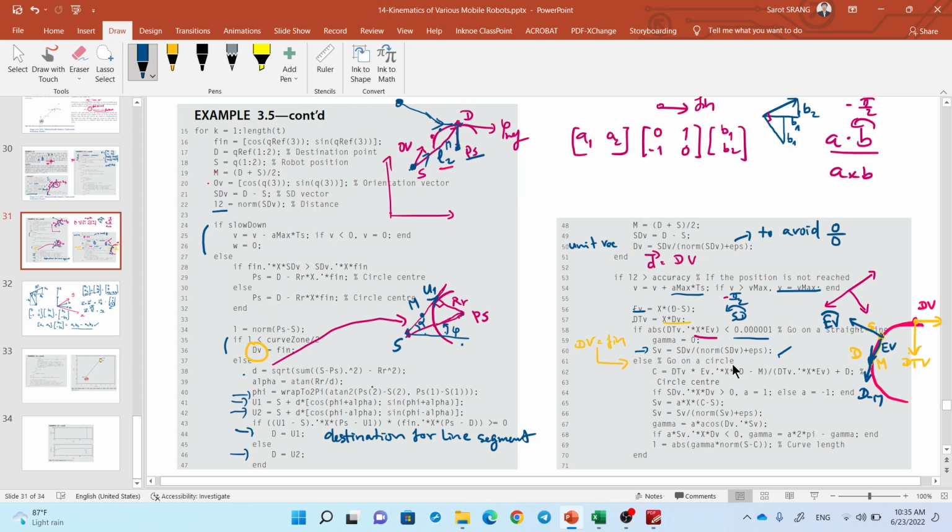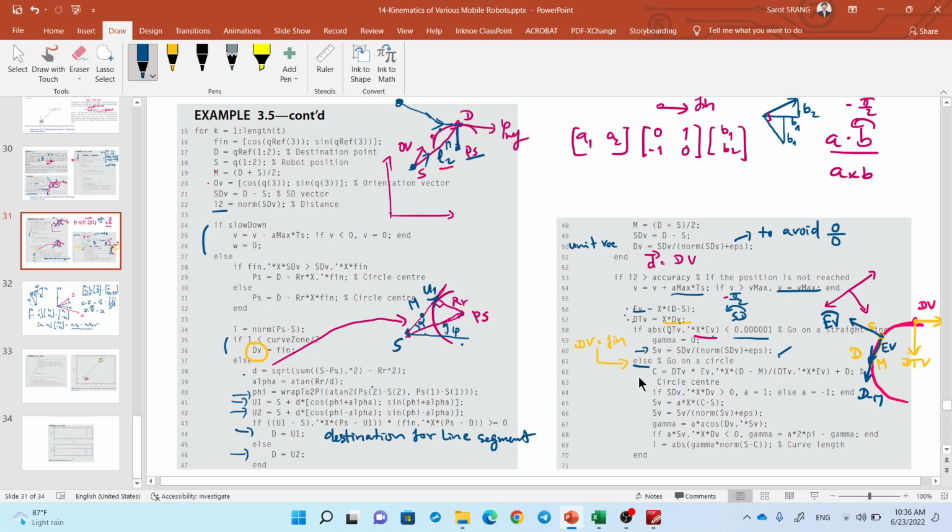Okay, when on a circle, we set up LC. It means if the cross product between these two vectors, because when it's on a circle, the destination DV, sorry, DV here is different from D minus A. So the cross product between two vectors which are not parallel must be large, not close to zero anymore.